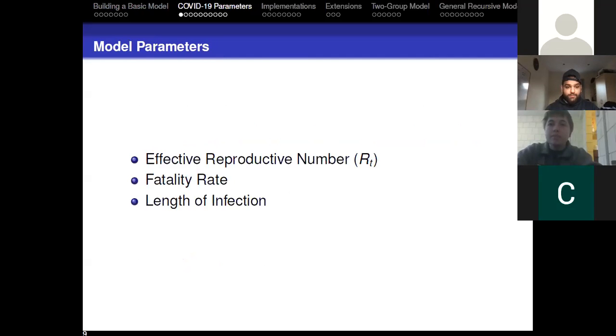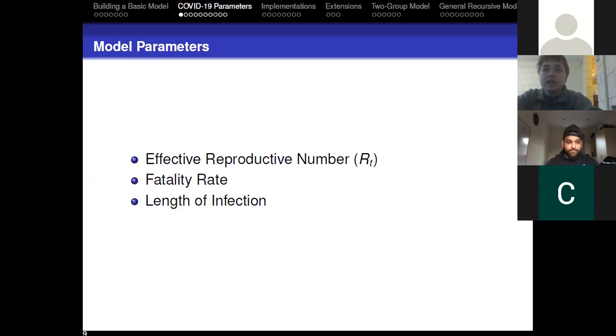So when we want to make a model of COVID-19 specifically, there are a few main things that we want to think about when we determine the parameters of the SIR model, beta and mu, and also, out of the removed population, what percentage of people are dying.